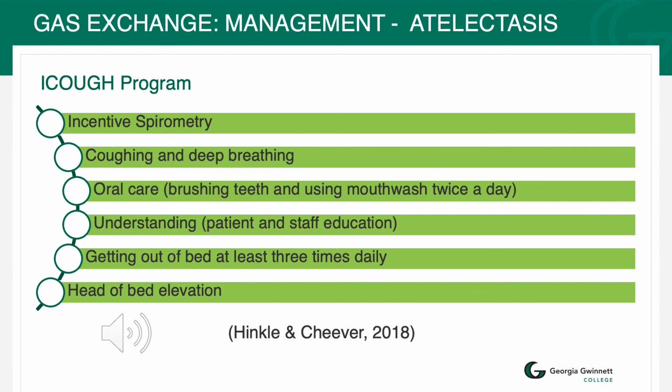The first line measures are deep breathing exercises, incentive spirometry, positioning, getting them out of bed, making them walk around, making them more mobile, right? So understand atelectasis, understand the treatment and the prevention methods.